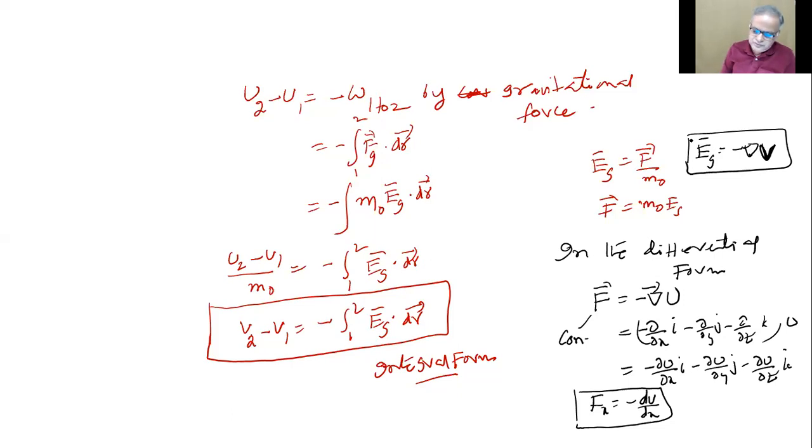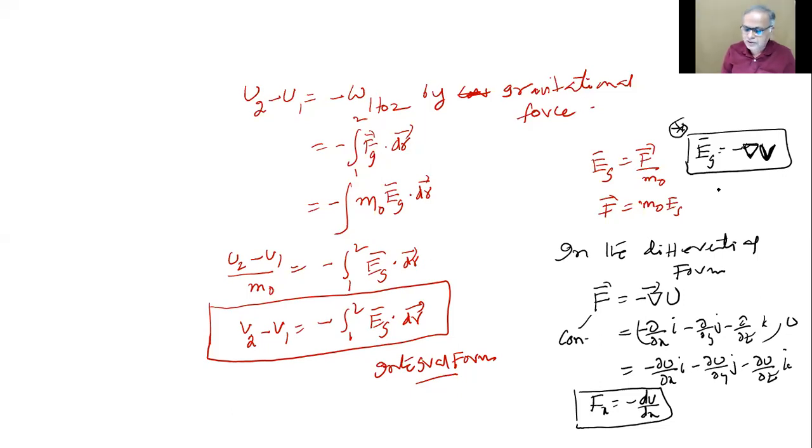And now, this is the one we require actually. In the differential form, it is negative gradient of potential. This is the derivative of the potential with position.